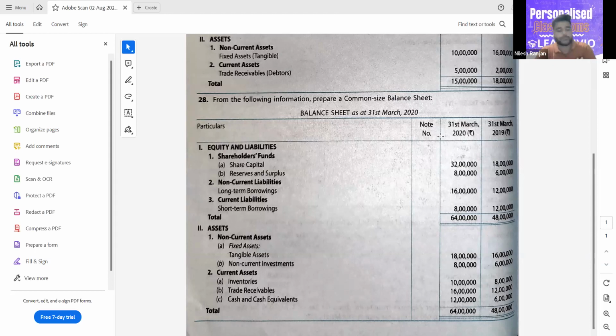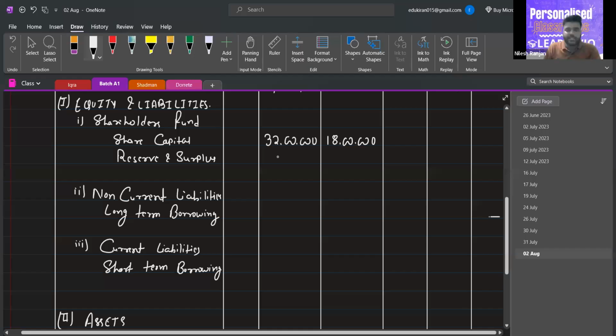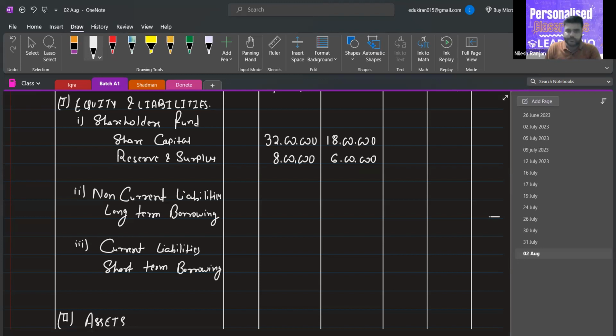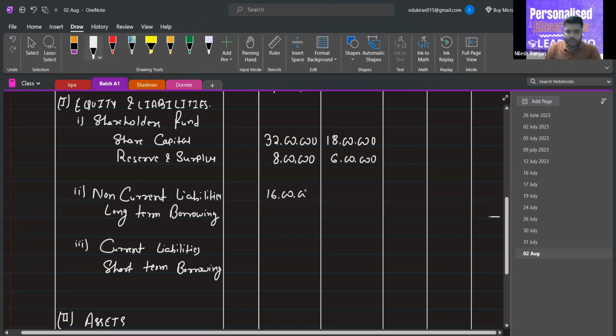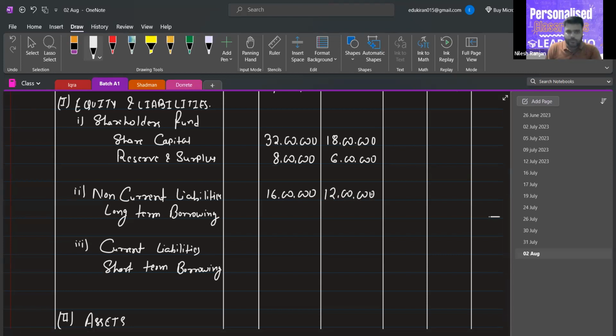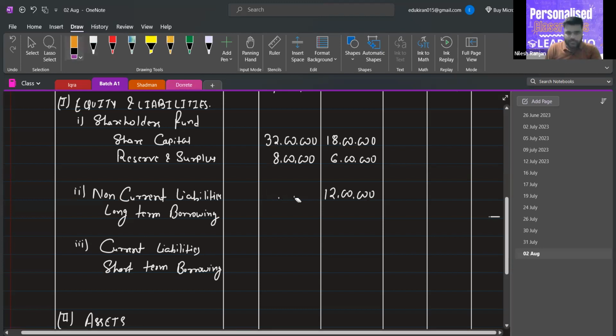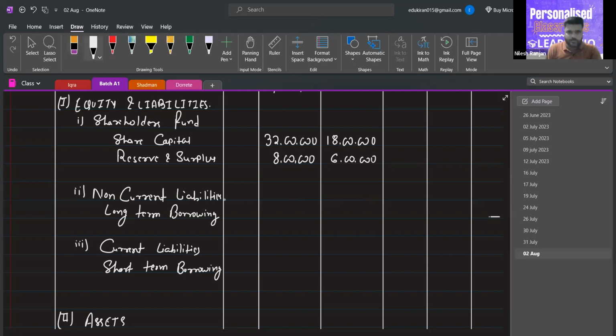So 32 lakh, 18 lakh, 8 lakh, 6 lakh, and 16 lakh, 12 lakh.